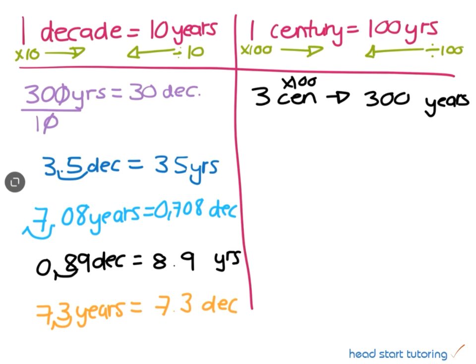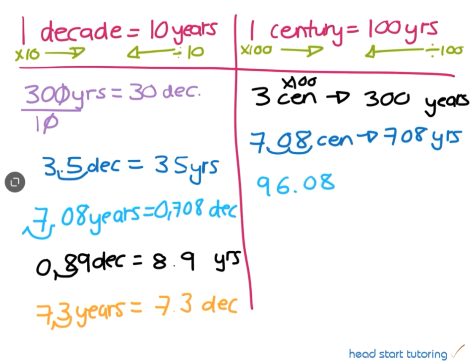If I've got 7.08 centuries, that will be equal to, multiplied by 100, I've got 708 years. 96.08 centuries will be equal to, multiplied by 100, 9,608 years.